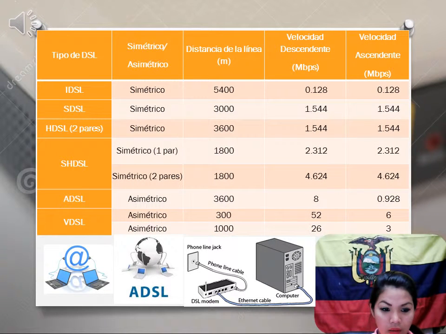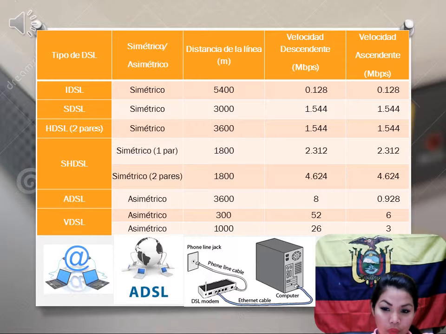Here is presented a table with some different types of xDSL technology with some useful information such as max distance, downstream speed, and upstream speed. For example, the two most used technologies, ADSL and xDSL, can be compared through this information.